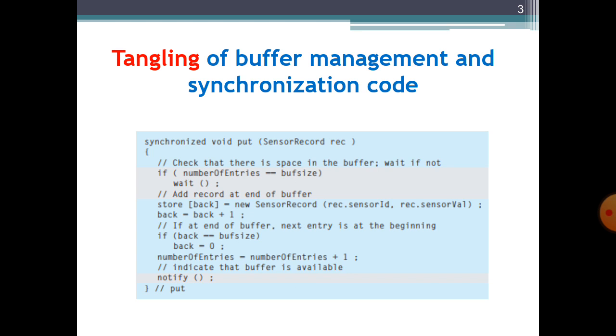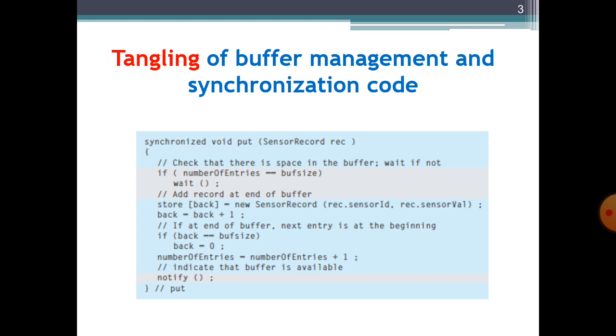Essentially, the wait and notify calls, as you can see in this diagram, are used to synchronize the put and get operations. So basically this code supports the primary concern. Putting a record into the buffer is tangled with the code implementing synchronization.